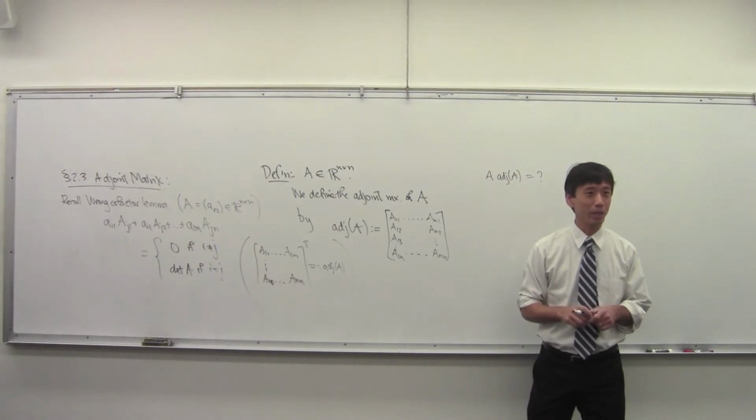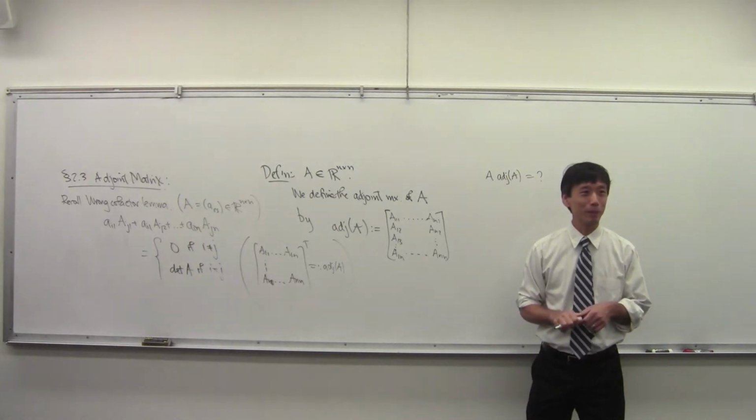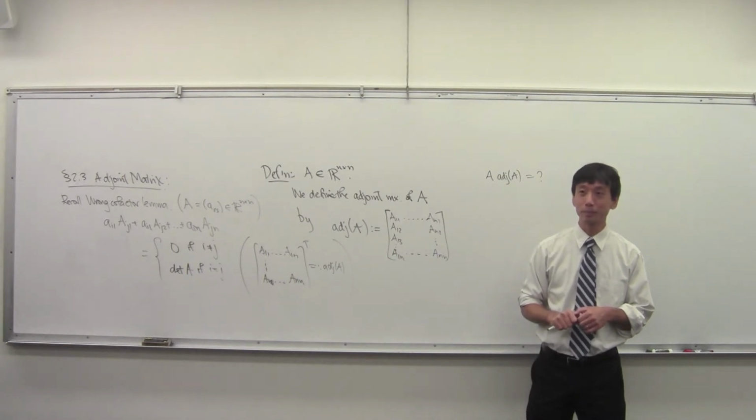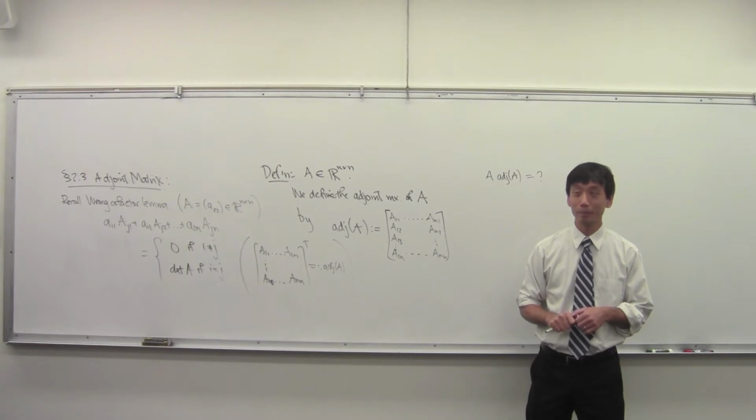Does anybody know? Did anybody read this? Avery? I might be remembering the wrong part of the chapter. Is it 1 over the determinant of A, or is that a different part? You're a little bit ahead.